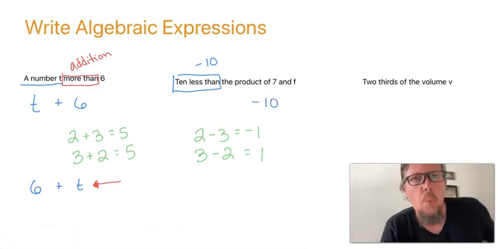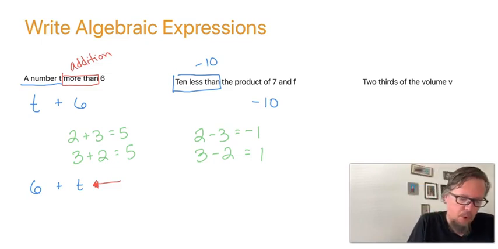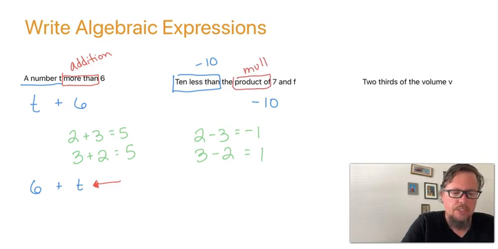Okay, so we're going to end with minus 10. Well, 10 less than what? The first part has 10 less than. The second part says the product of 7 and f. Product is another one of our fancy math words. The product of means multiplication. What are we going to multiply together?